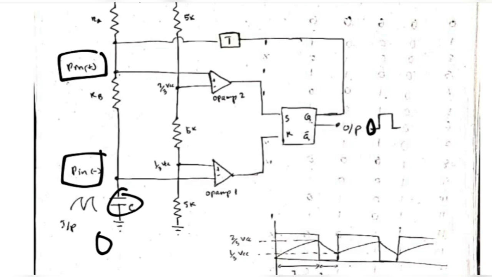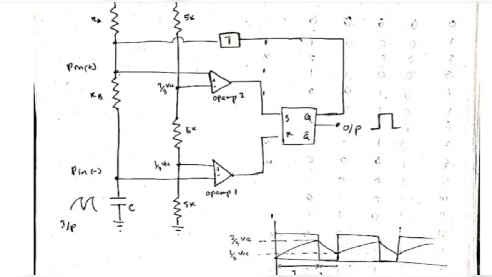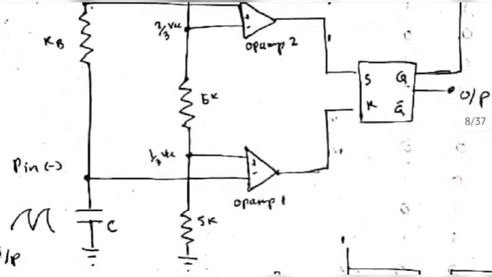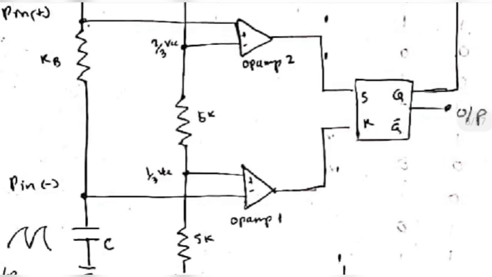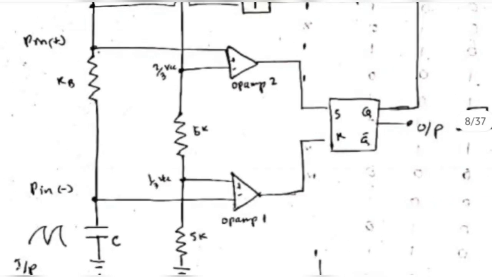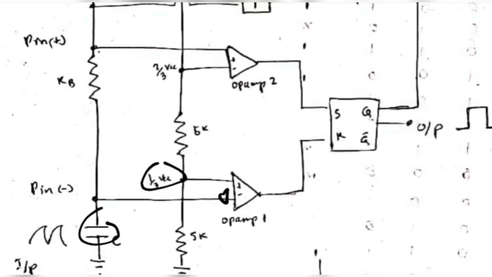Then what happens is, see the output of the op amp here, if negative is more, the output will be low. If the positive is high, then the output will be high. Okay, initially when the charge is 0, here also you will have 0 at the negative input, and the positive input will be a bit higher, 1 by 3 VCC, so the output will be high here.